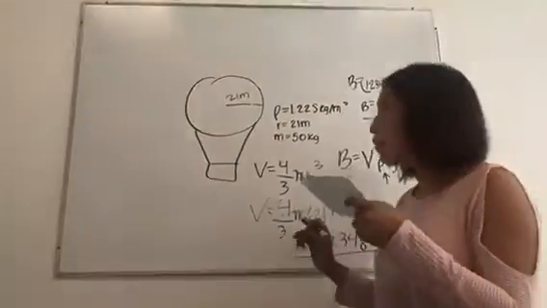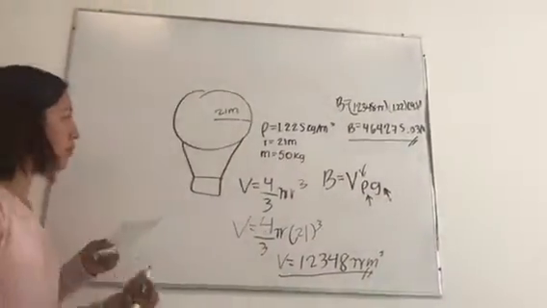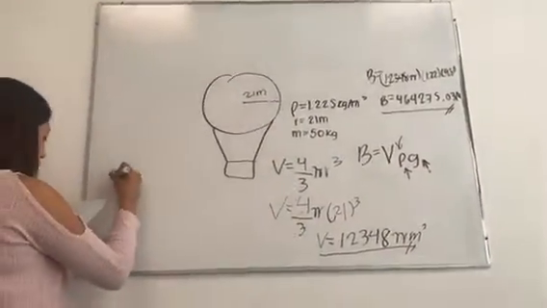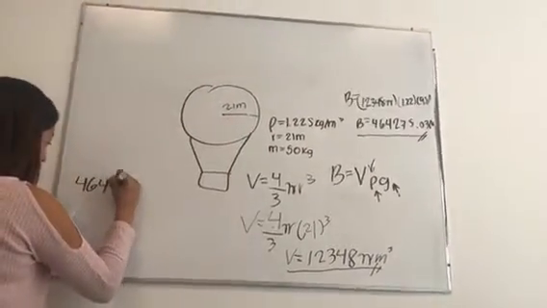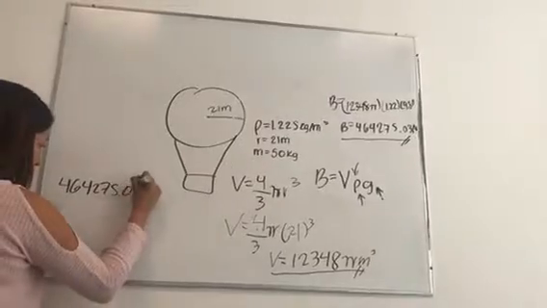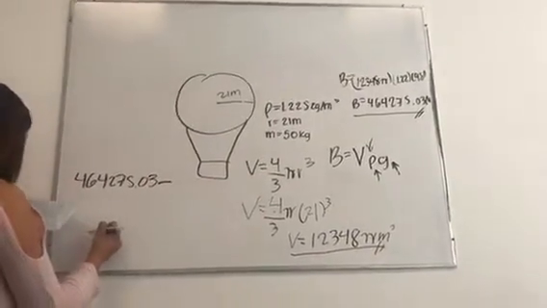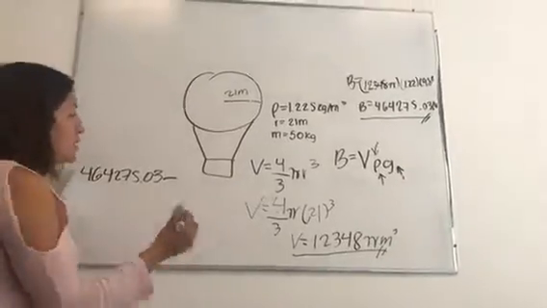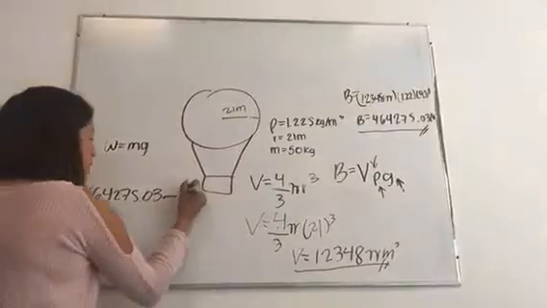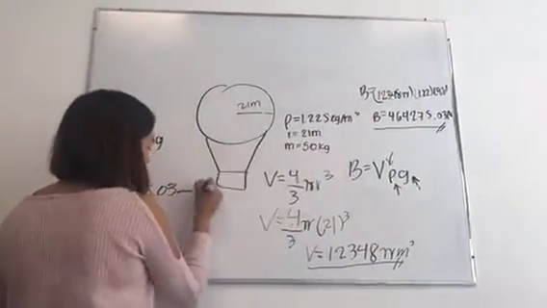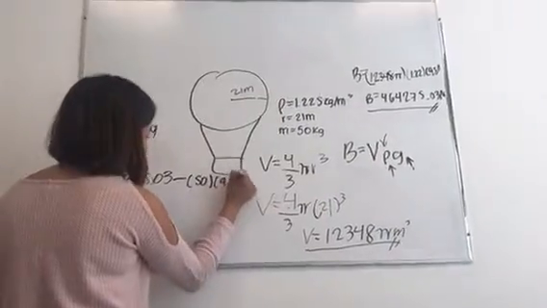So what we're going to do, like we did in the last problem, we're going to use the buoyant force minus the weight, this mass and gravity, that is mass, 50 kilograms, times 9.81.